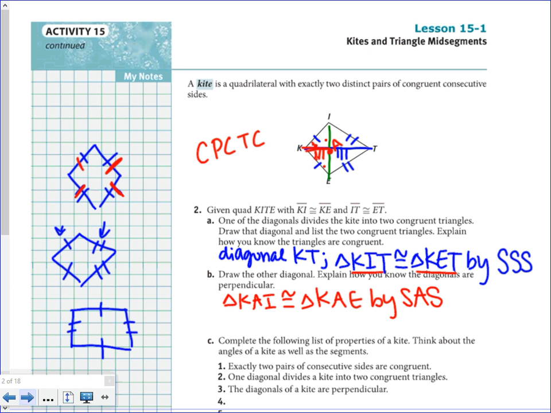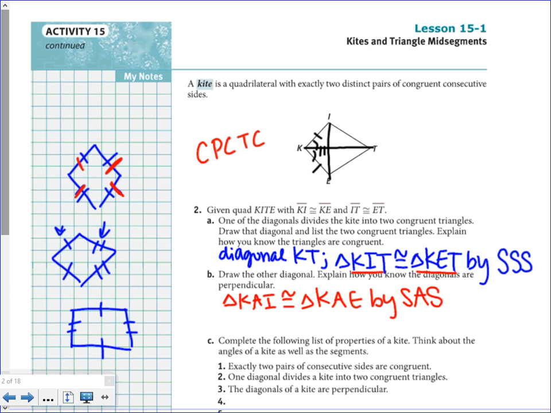So this triangle and this triangle have to be congruent by side, angle, side. So I'm going to draw that as best I can. Side, angle, side.